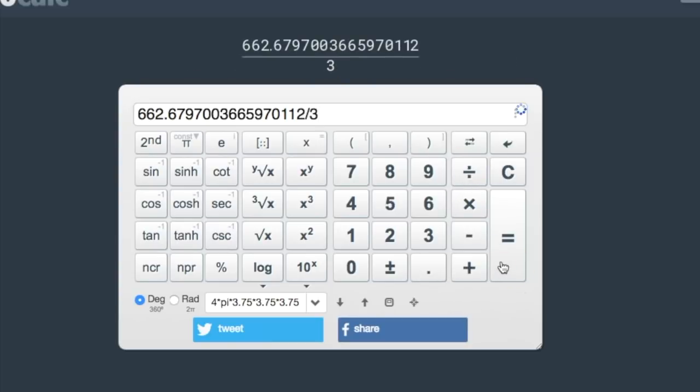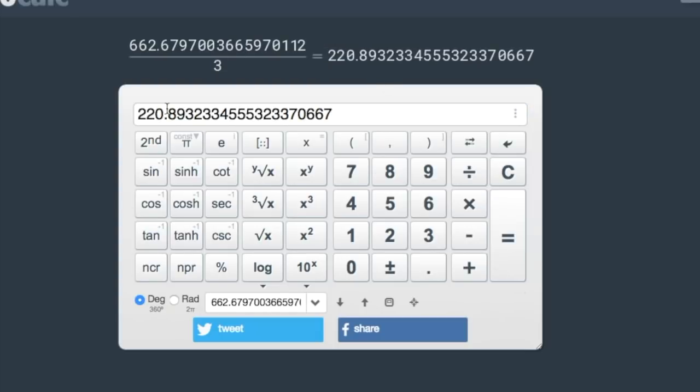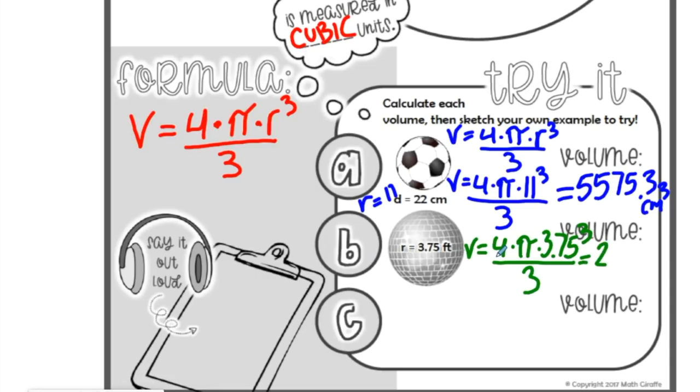Hit enter again, and you'll get your actual volume, which is 220.9. I'm going to have you round up to 9. Equals 220.9 feet cubed. Do not forget your cubic units. Centimeters cubed, feet cubed.